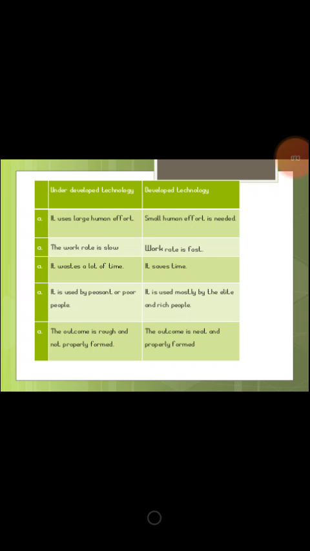We said it wastes time, the work rate is slow, it uses large human effort, and the outcome is rough. While developed technology saves time, it uses small human effort, the outcome is neat, and it is used mostly by the elite and rich people.